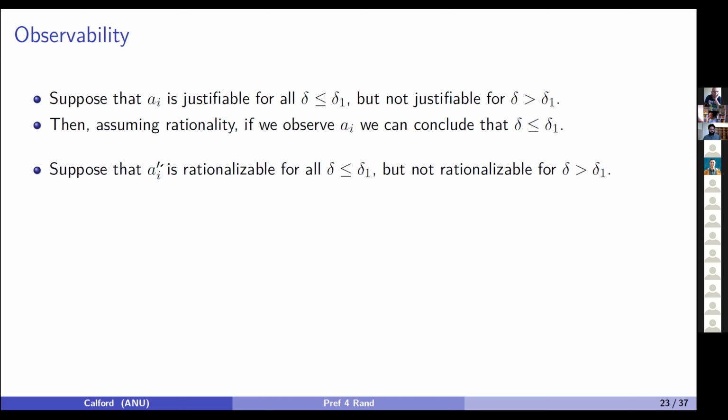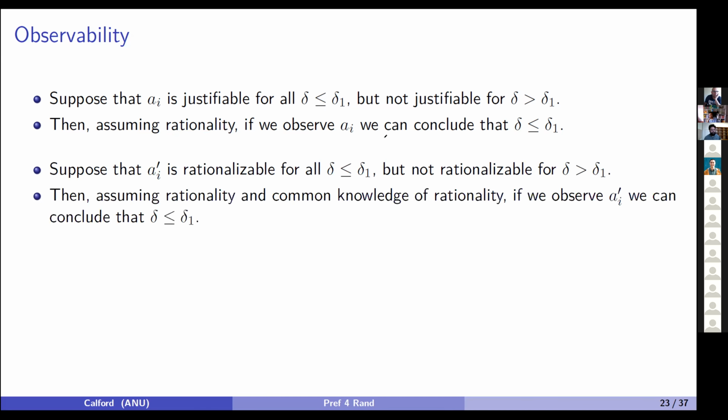Similarly, if there's some cutoff at which A_i prime is rationalizable below the cutoff but not above it, and I see you play A_i prime, then if I assume rationality and common knowledge of rationality in the traditional game theory sense, we can conclude that again your preference for randomization must be below the threshold.